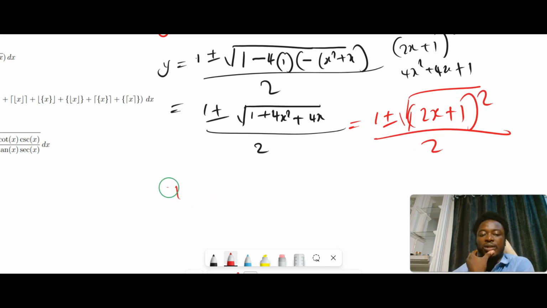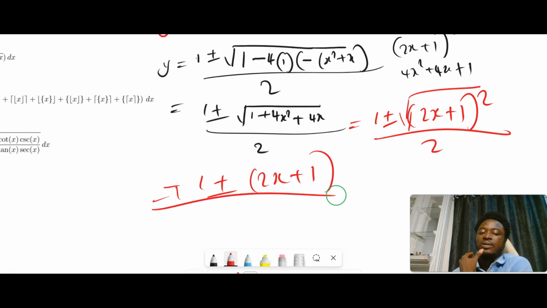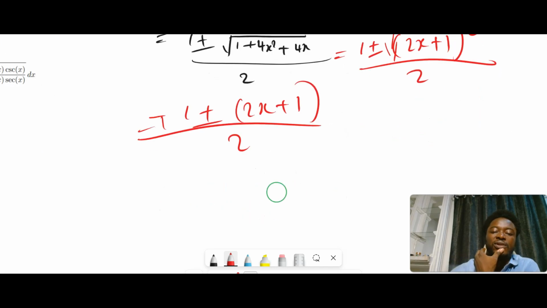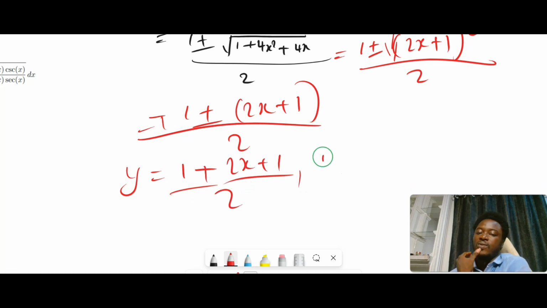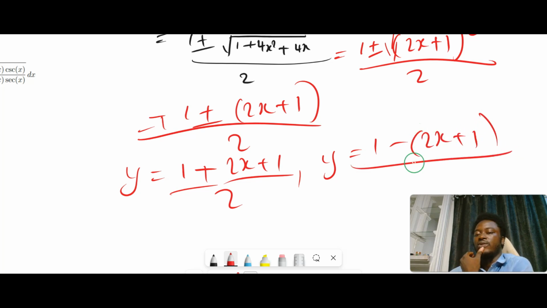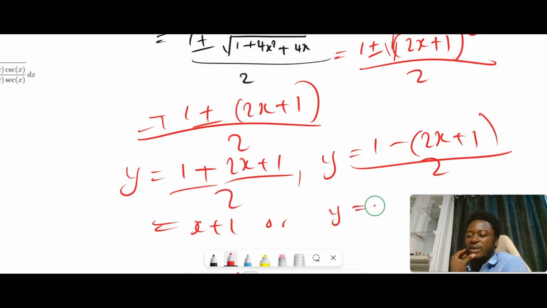So that would be equal to 1 plus or minus 2x plus 1, all divided by 2. So we have two values for y. y is 1 plus 2x plus 1 over 2, or y is 1 minus 2x plus 1 over 2. So y would be x plus 1, or y would be negative x.